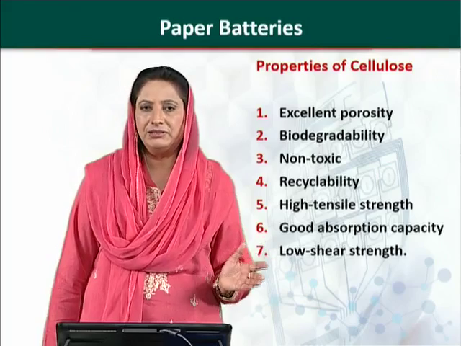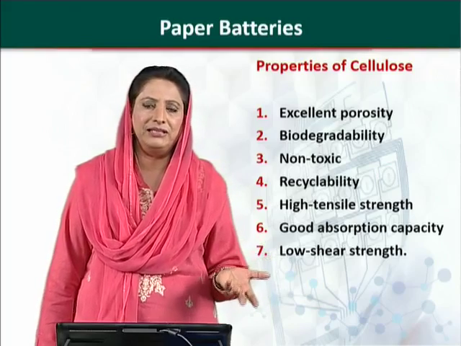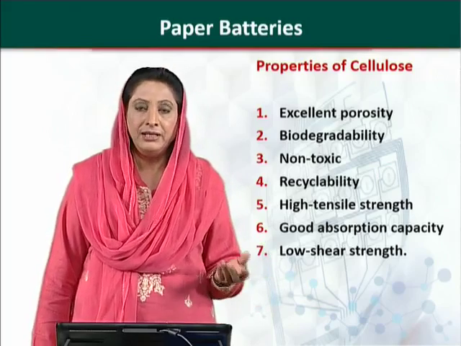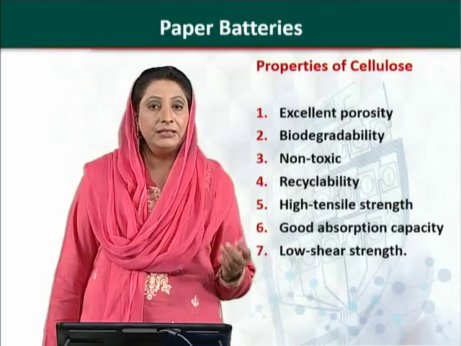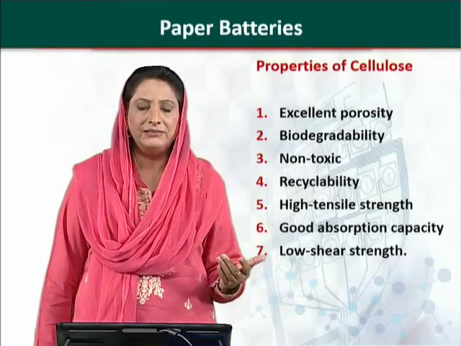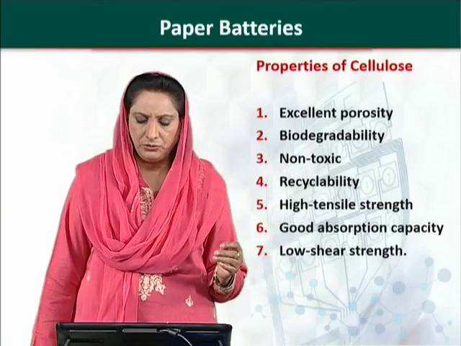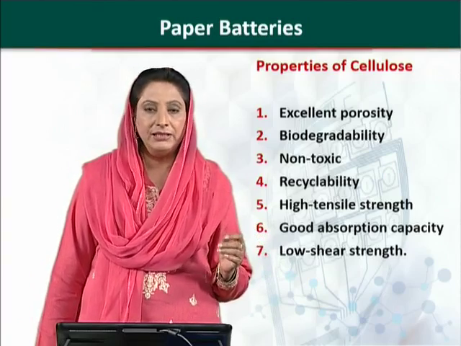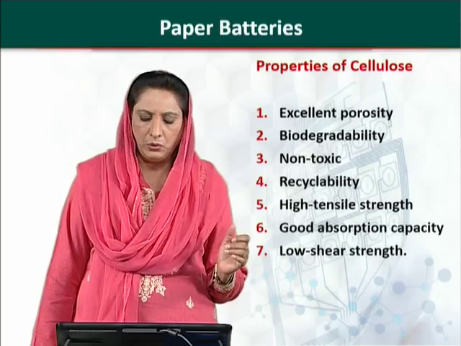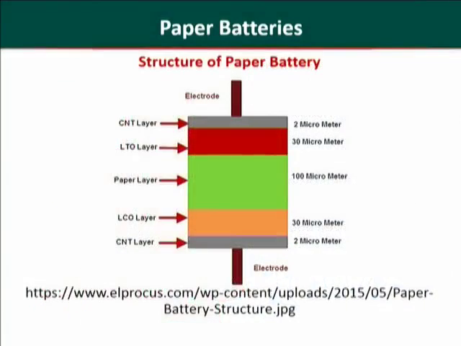So what about the cellulose? We know that cellulose has excellent porosity. It is biodegradable. It is non-toxic, recyclable, and it has high tensile strength and good absorption capacity. Another important property is low shear strength.